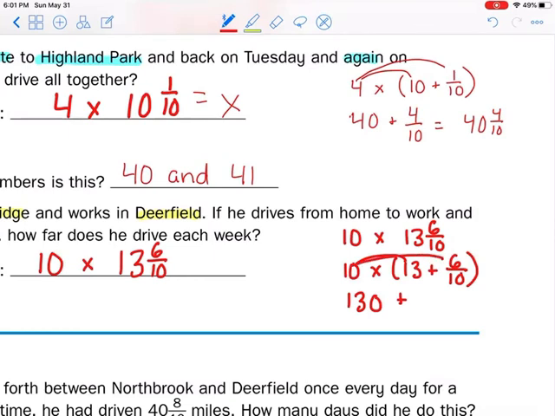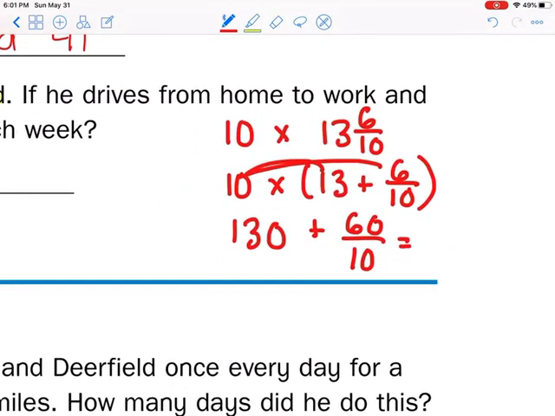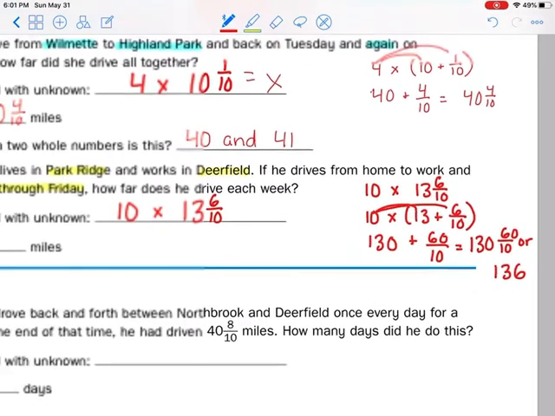Plus 10 times 6/10 would be 60/10. I have to change 60/10 into a whole number because 60 is a multiple of 10, so you would get 6. So your answer is 136.